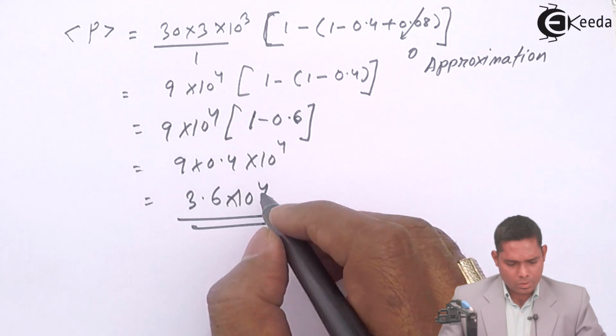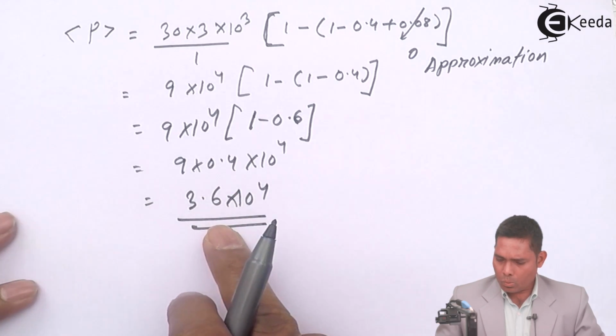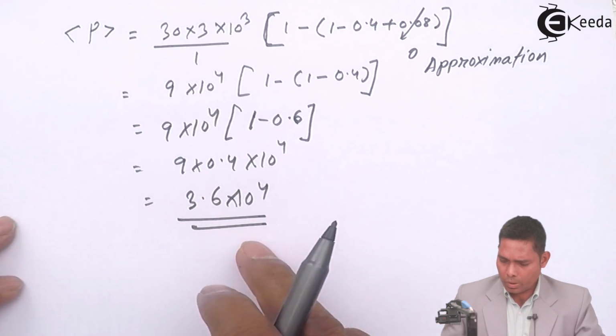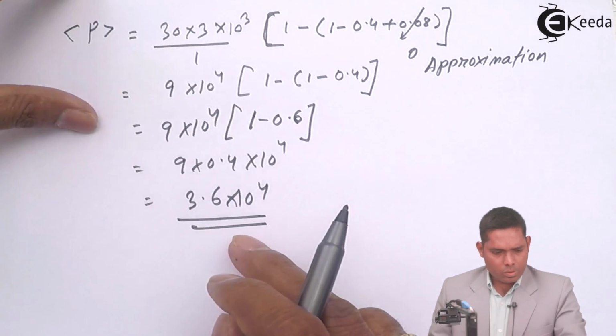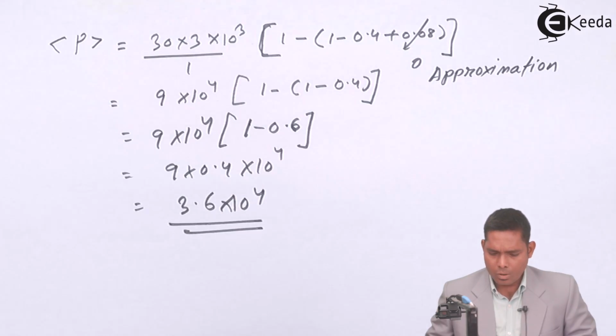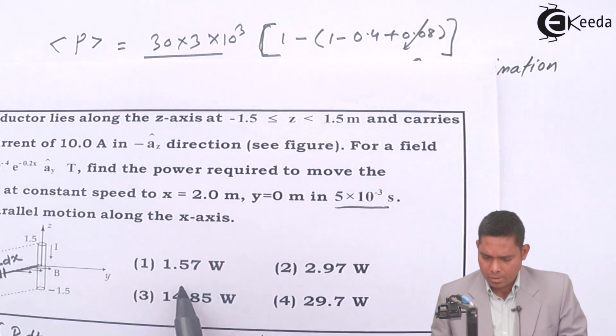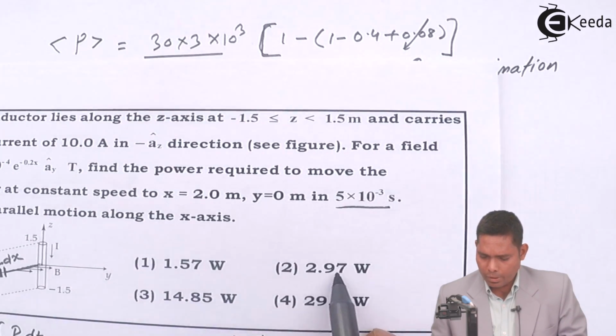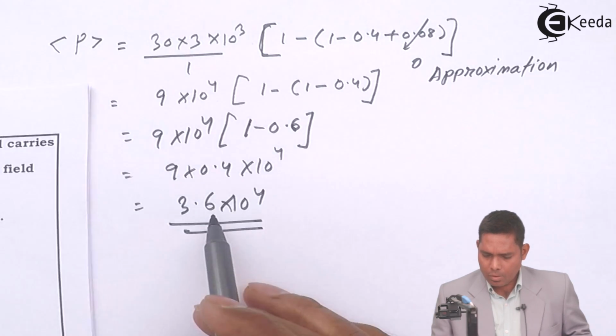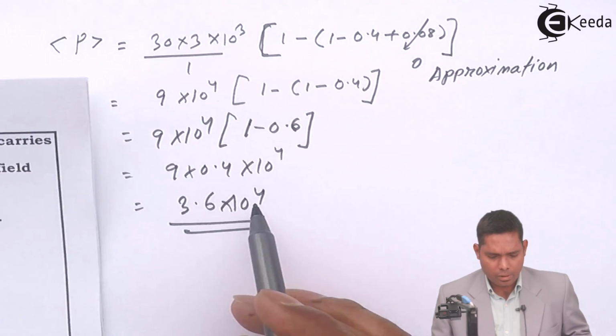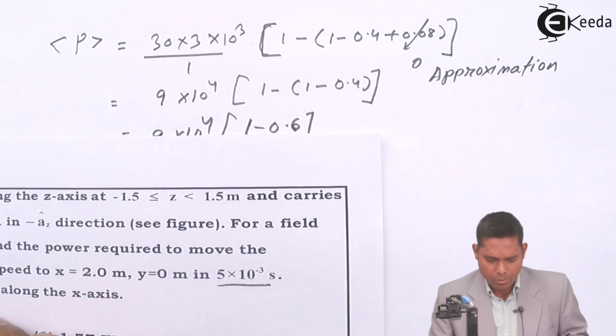So if I see the options there, then it is 2.9 or 3 point something, but 10 raised to 4 is not there, so we have to recheck the values that we have put.